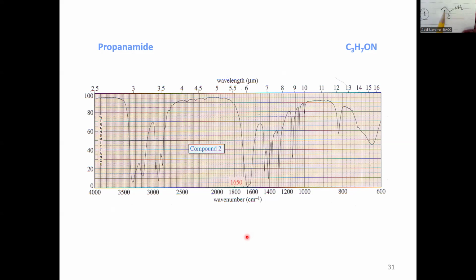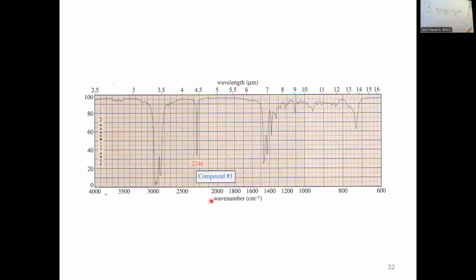Okay, so you guys have the C-H sp3s, the C=O amide, and the NHs, right? The two NH2s, which are right here. Next, another one, right?